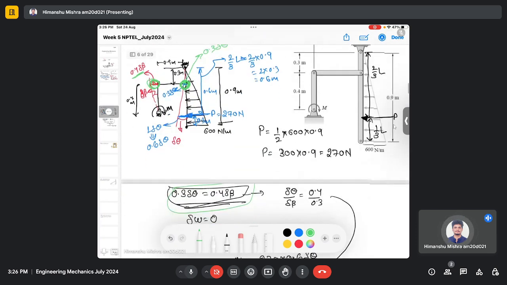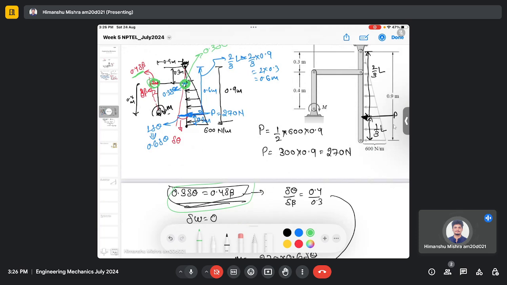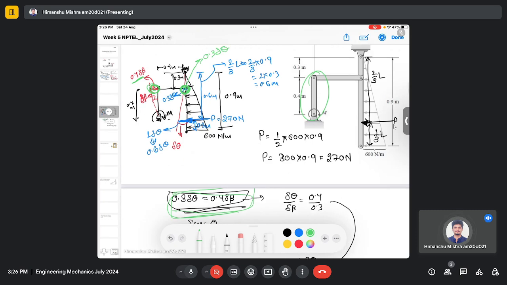So here we saw that we need to identify properly what the virtual displacements are, and in some questions we need to identify the relation between two virtual displacements, like we did in this problem, where we found that the virtual displacement at one bar is equal to the virtual displacement of this part of the bar.